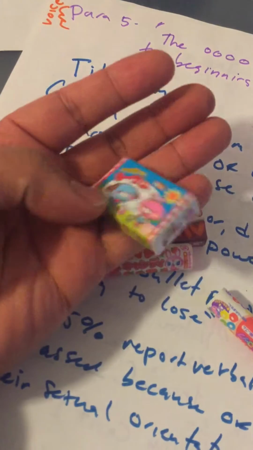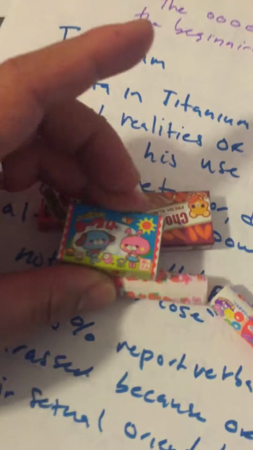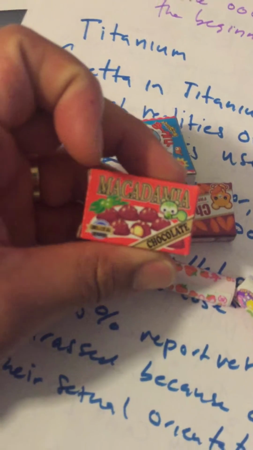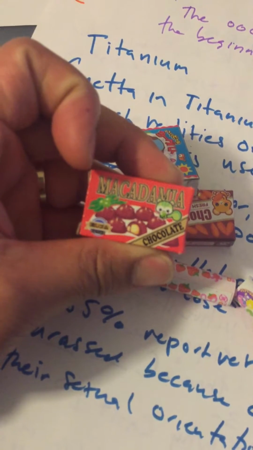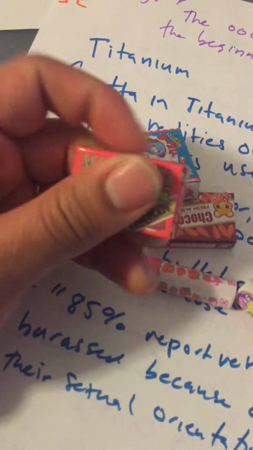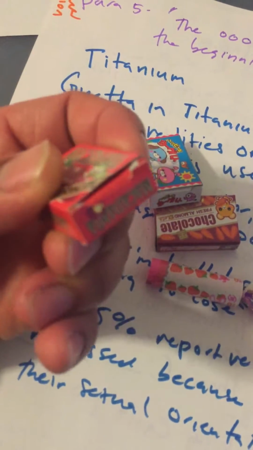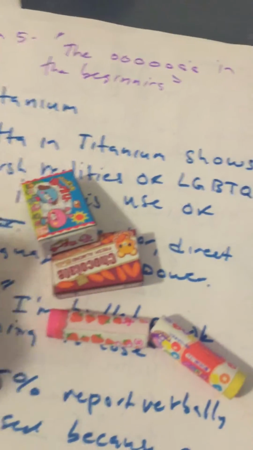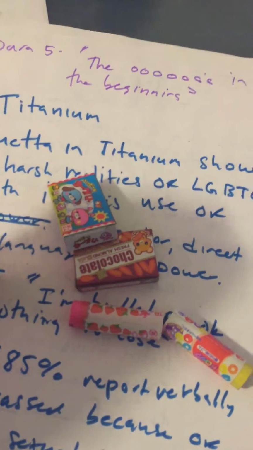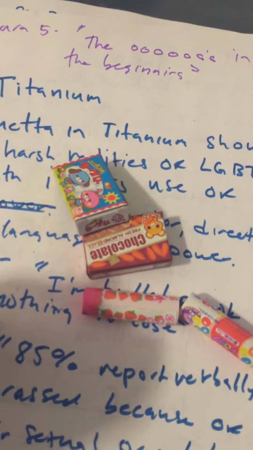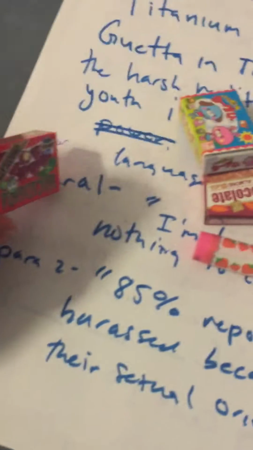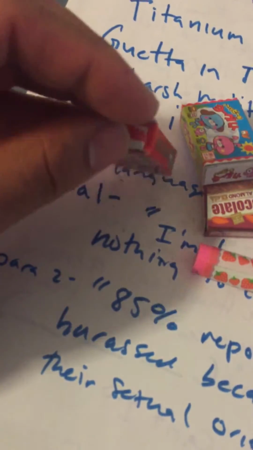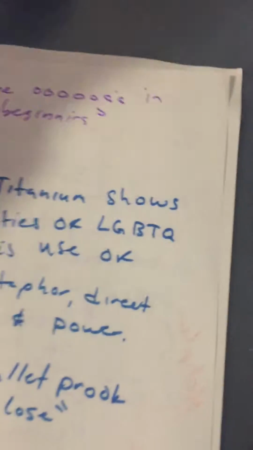What's that saying? Macadamia. Chocolate. I don't see no chocolate up in this piece. Where's the chocolate at? Any chocolate up in there? Nah, lies. Okay, we put this away. I just gave you a little distraction so your brain gets... Look at this.